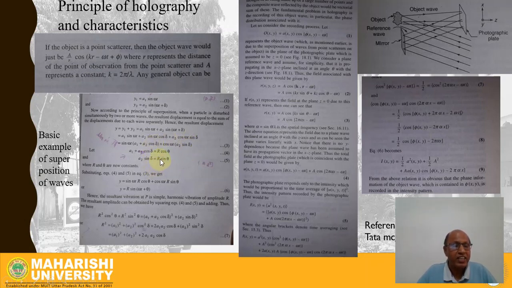And R is the resultant amplitude of the two waves, that is a1 and a2. R is the resultant amplitude, but it now includes information about the phase also. So finally what we get here is the resultant wave having an amplitude R, and this amplitude R consists of the phase information as well, so that is critical.